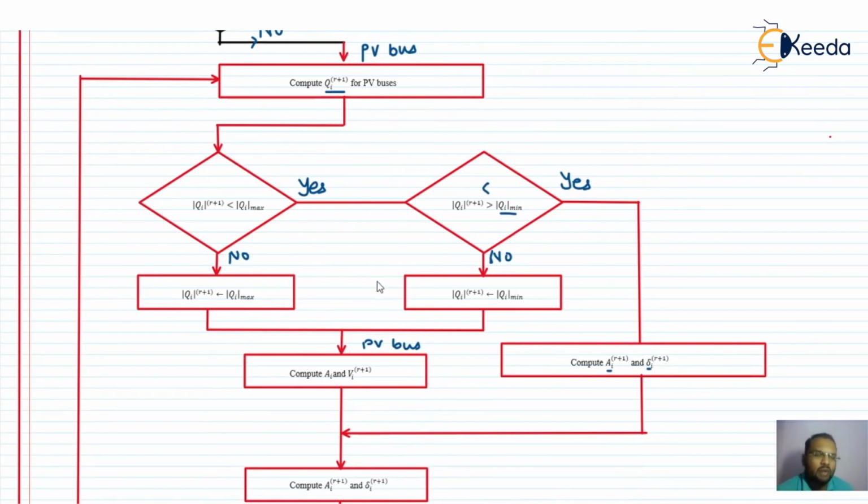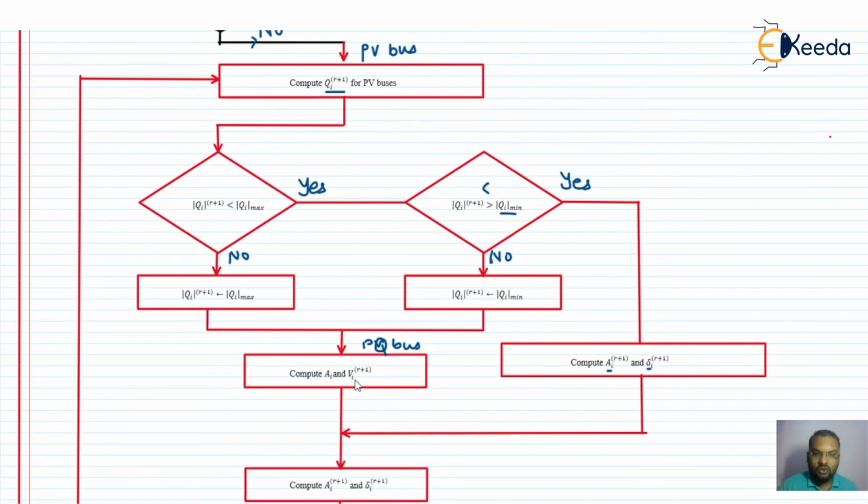If it is violating the condition, then you treat that PV bus as a PQ bus, because we are in the discussion of PV bus. If there is a violation, it's okay. You assign these reactive power values accordingly, and for the next case, you consider that bus as a PQ bus.